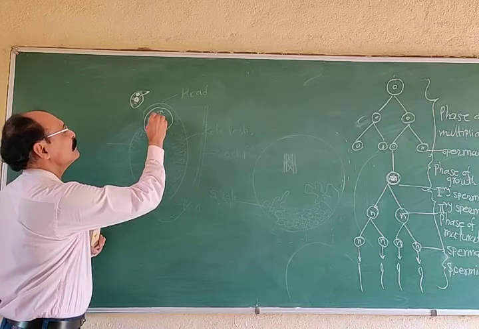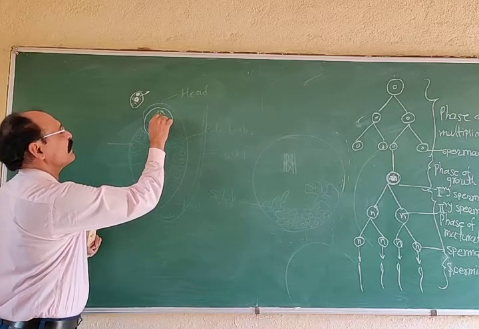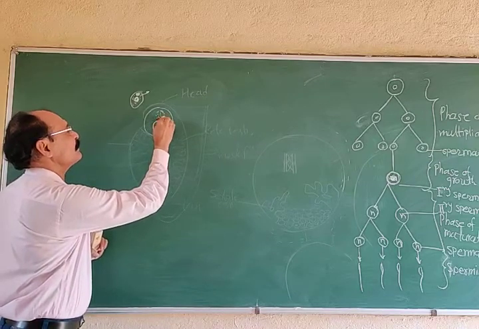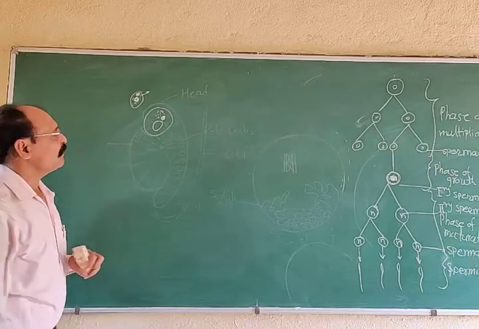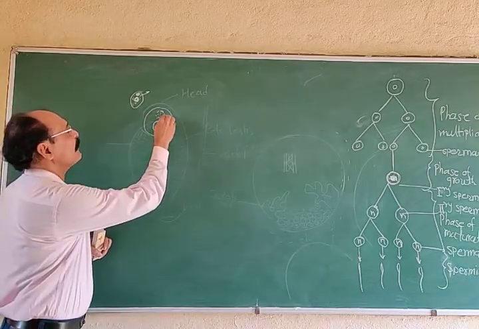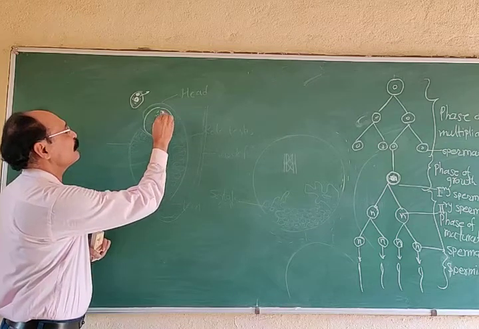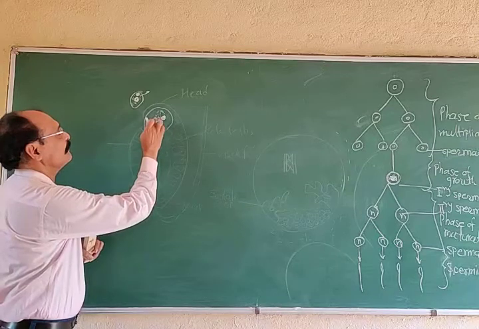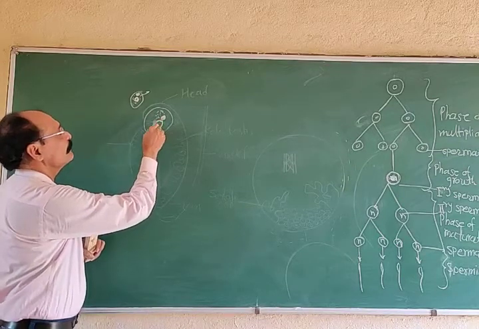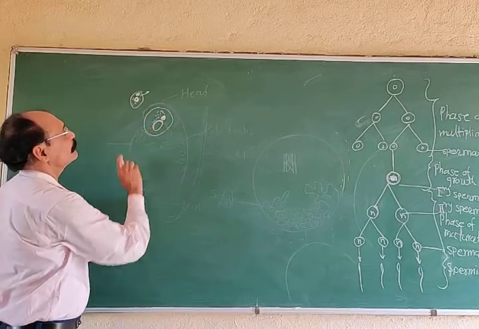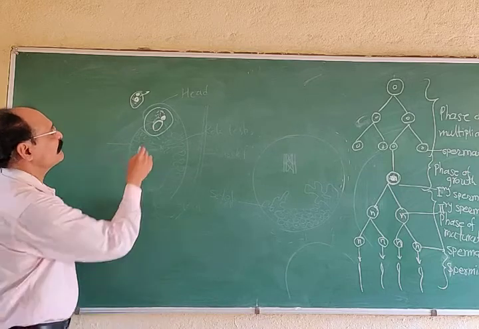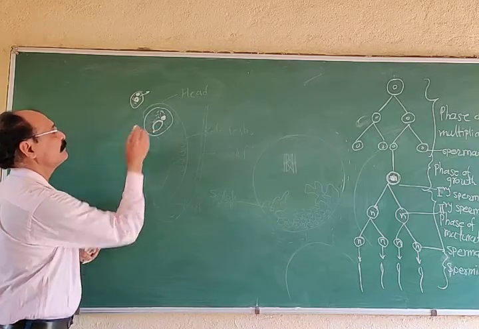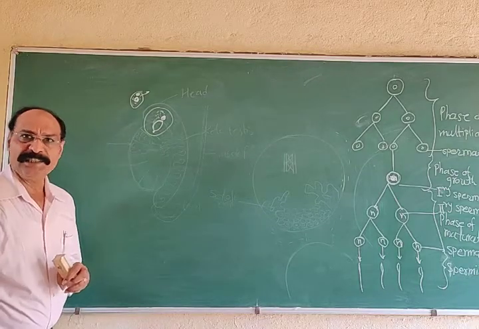This is the start of the formation of the acrosome, and here it is covered with the plasma lemma. This granular structure is seen arranged on the anterior side of the nucleus, and another structure, the centriole, migrates towards the posterior side of the nucleus.